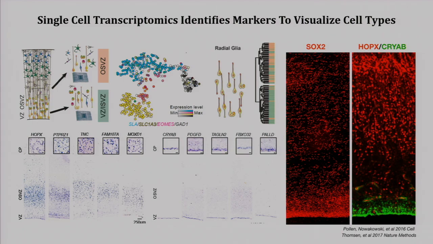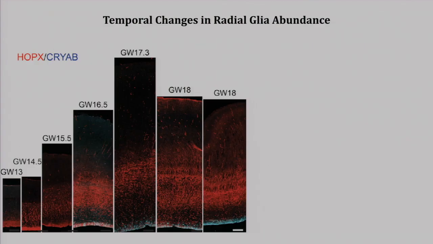With these markers, one of the utilities is that now you can survey the abundance of these molecularly distinct cell types across developmental time points. And that's exactly what we did. So we stained primary sections of the developing brain with these markers, and to our surprise, the transcriptional state that we attributed to the ventricular radial glia cells turned out to emerge very sharply during development.